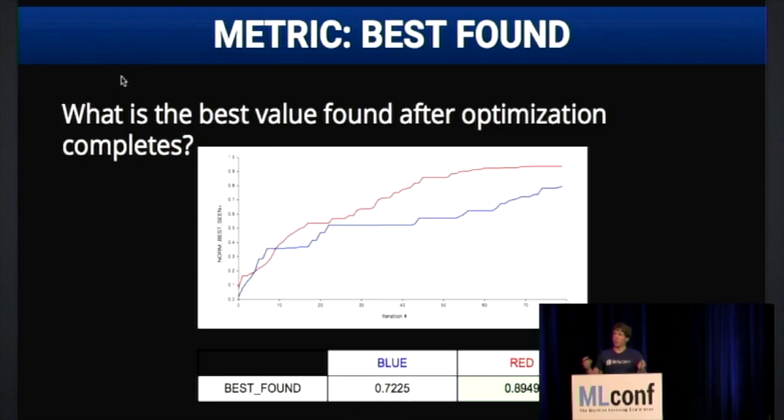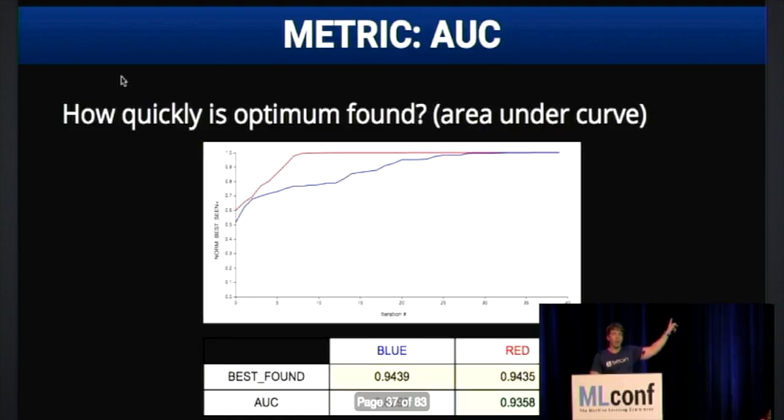But basically, when you're doing optimization, you care about two things. If I'm comparing two optimizers, I want to know which one got me the better value after some fixed number of iterations. So best found, that's what we care about. We might also care about how fast we got there. So if each one of these evaluations is actually time-consuming and expensive, we want to make sure that we can get there in as few evaluations as possible.